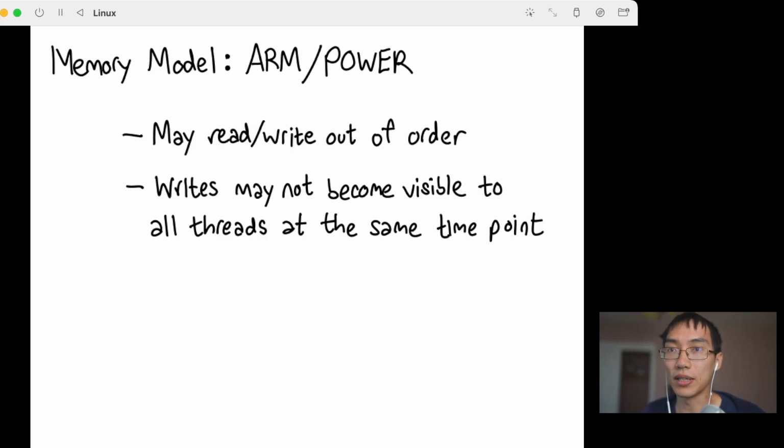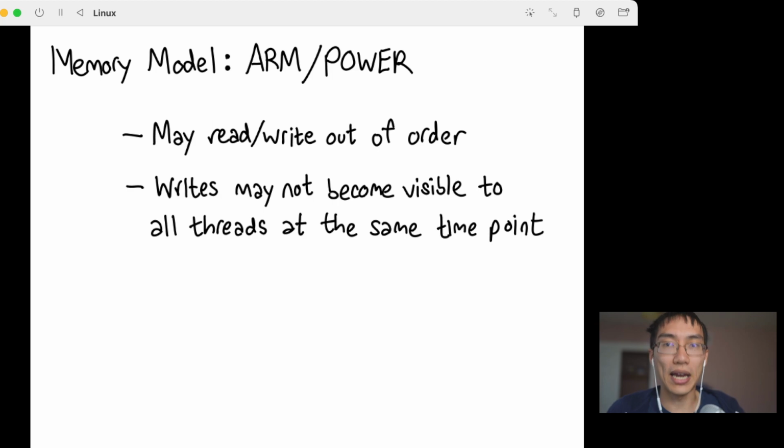Now, ARM is a very popular architecture these days because your M1 MacBooks are running it, and ARM is a different instruction set and it has a different memory model. In the ARM memory model, you don't even have the assumption that there's a buffer and the buffers have to be in order. In ARM, your reads and writes can be completely out of order, and when you do a write, it may become visible to some threads, but not others at some point in time.